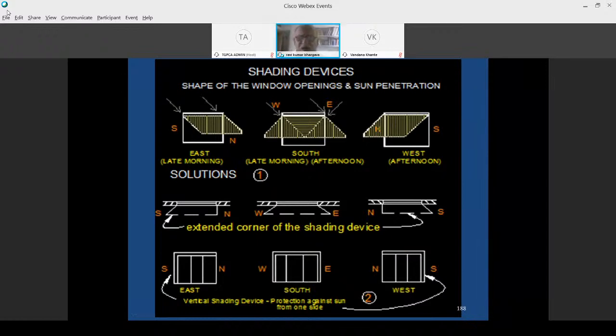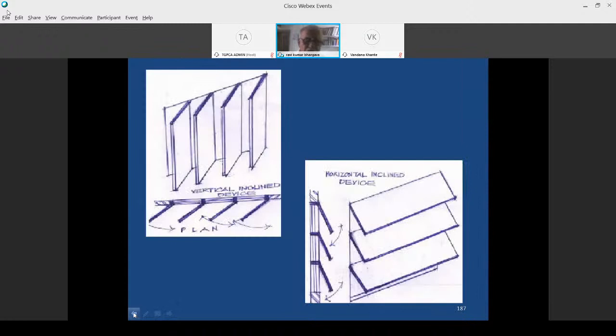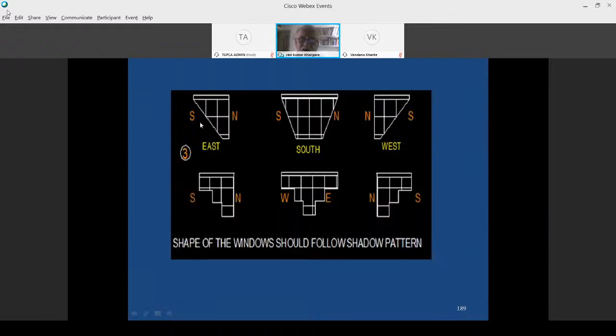Now, friend, my suggestion is, keeping in mind the pattern of the shadow and the portion of window which will be in shade, let us decide the shape of the window. From the above consideration, we can say for the east side window, this portion is exposed to the sun.